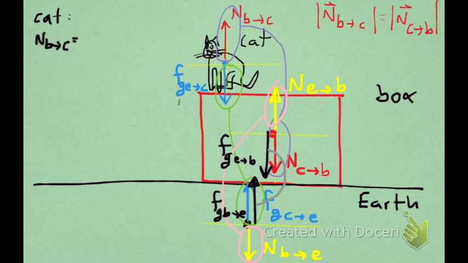So in magnitude, we can write that the normal force between the box and the cat should be equal to the magnitude of the gravitational attraction acting on the cat, which is clearly the mass of the cat times g. So that tells us that the box must be pushing on the cat with a force exactly equal to the weight of the cat. The surface of the box has to support the weight of the cat to prevent it from breaking the surface.